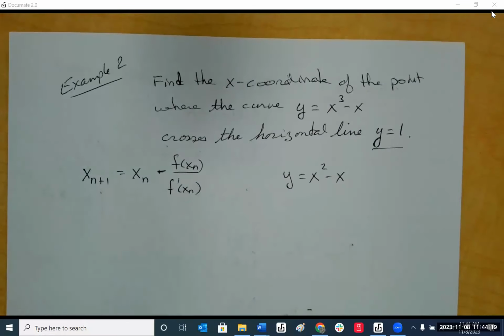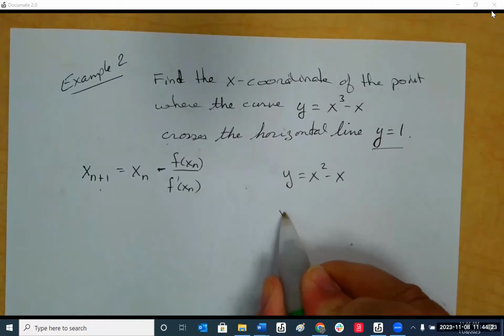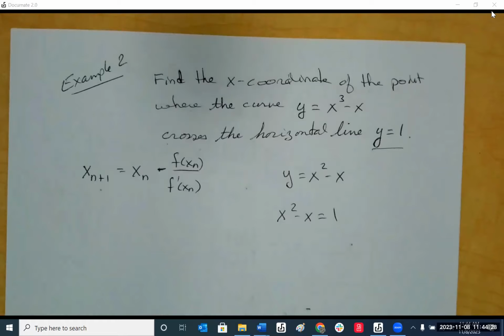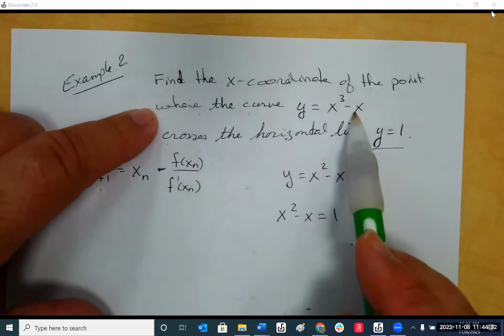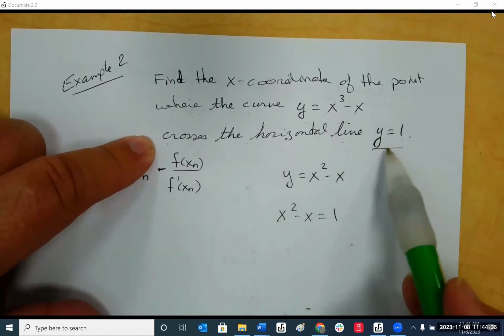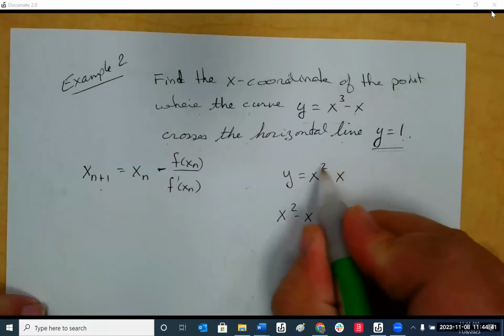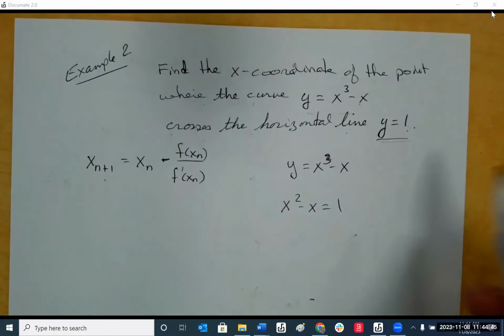Because remember, the derivative is simply the slope. So for this function, we want to know when it equals 1. Remember, it says find the x coordinate of the point where the curve crosses the horizontal line.